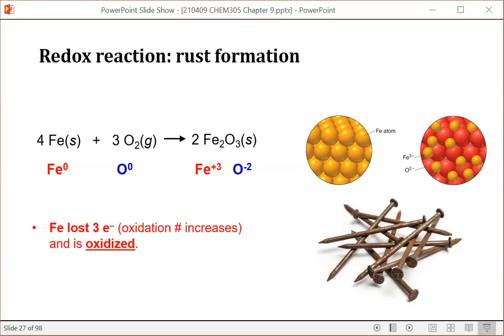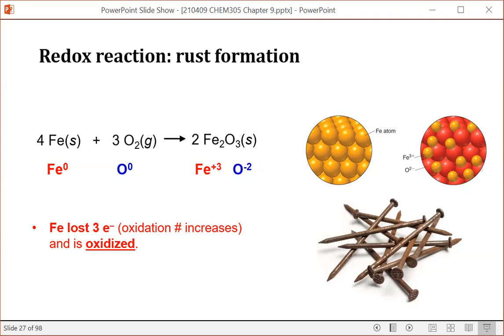So iron lost 3 electrons. It went from an oxidation number of 0 to +3. Each electron has a charge of -1. So to go from 0 to +3, it lost 3 negative charges. So it lost 3 electrons, and loss of electrons means it was oxidized. That's Leo. Loss of electrons is oxidation.